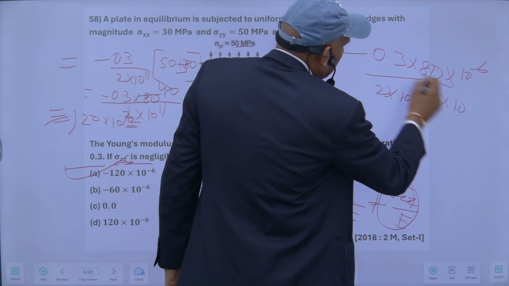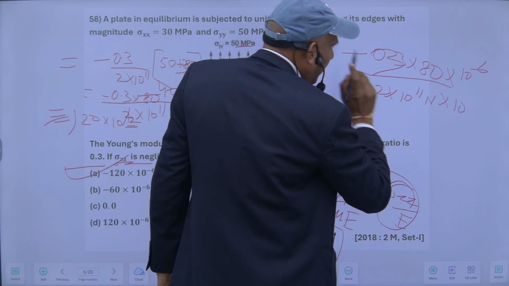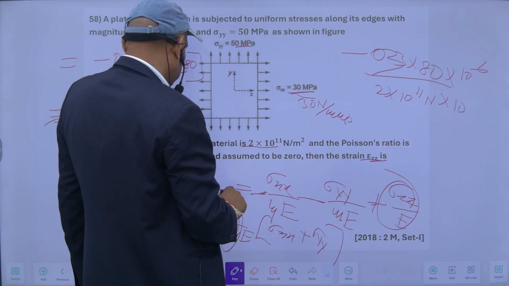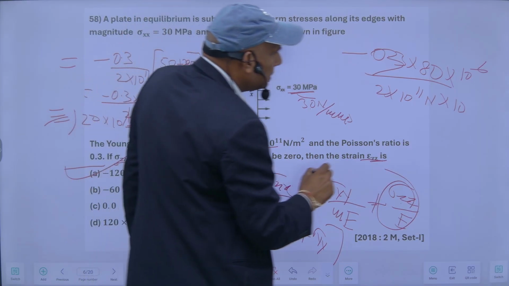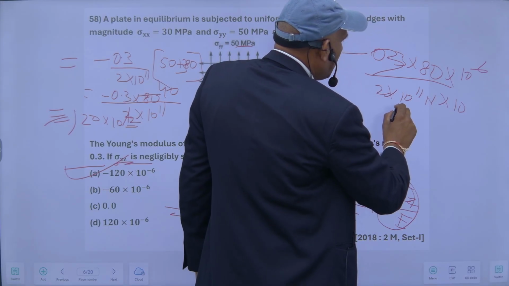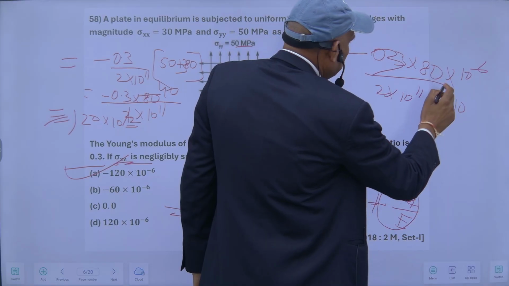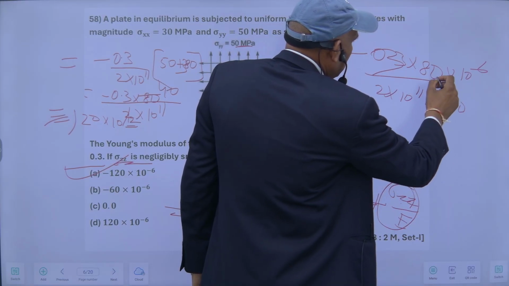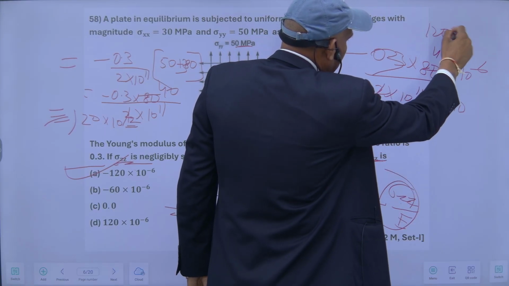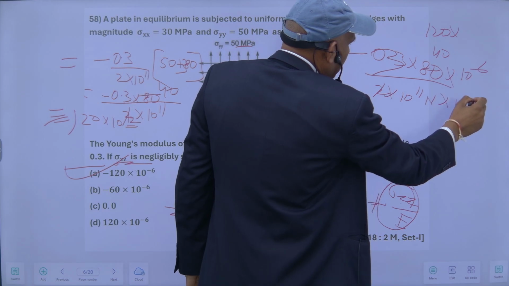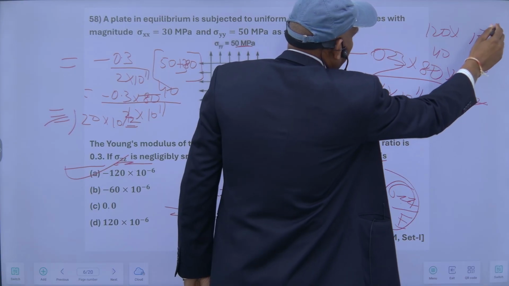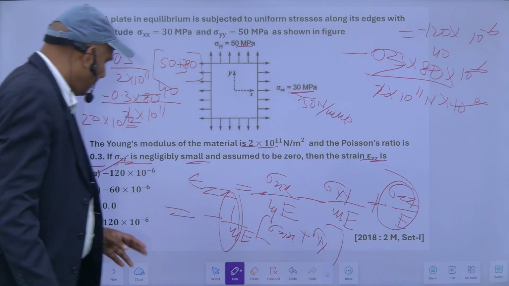So it will be 120 into 10 raised to the power, this is 6 and this will be 12. So one this minus this, so this is the correct answer.